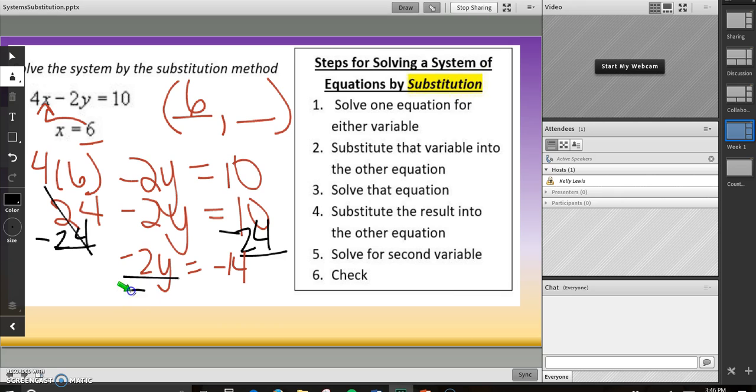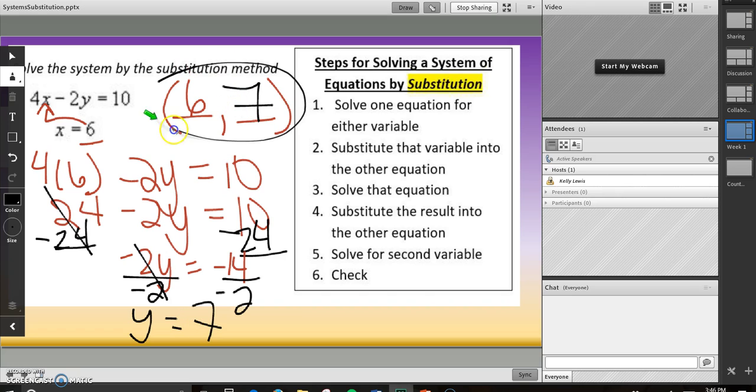So I'm going to divide by this negative 2 because he's being multiplied, and the opposite of multiplication is division. So my answer is 6 comma 7. And we could check it. We could do 4 times 6 is 24, minus 2 times 7 is 14, and 24 minus 14 is 10. So it worked. We checked it.